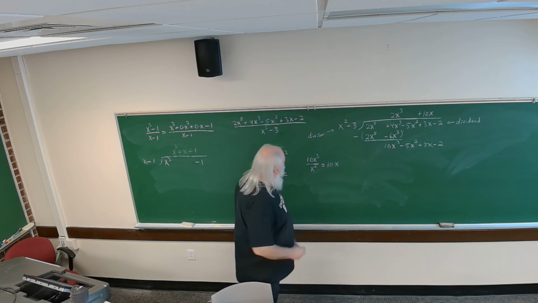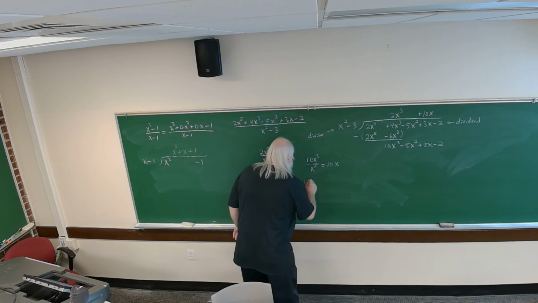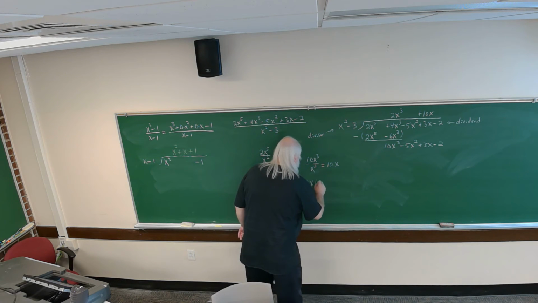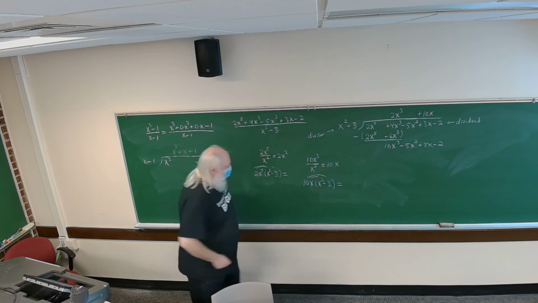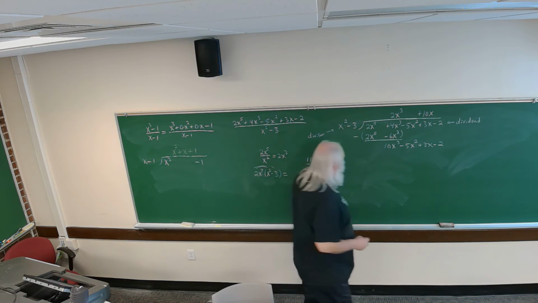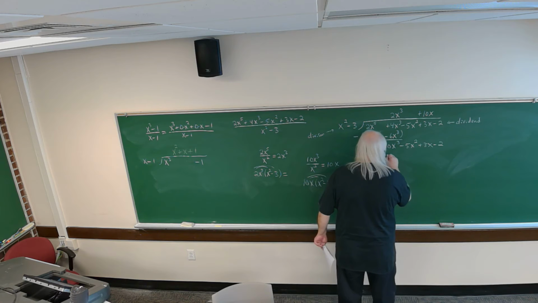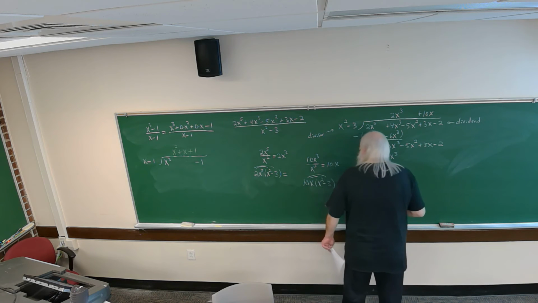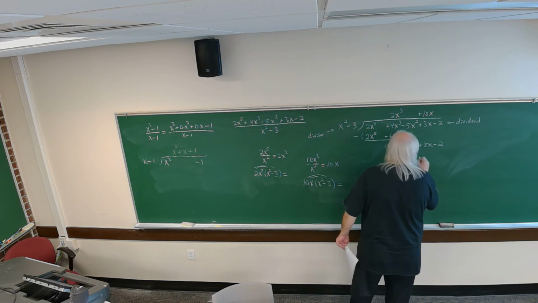Now you take 10x times the divisor, x squared minus 3. When you distribute the 10x inside the parentheses, you end up with 10x cubed minus 30x.